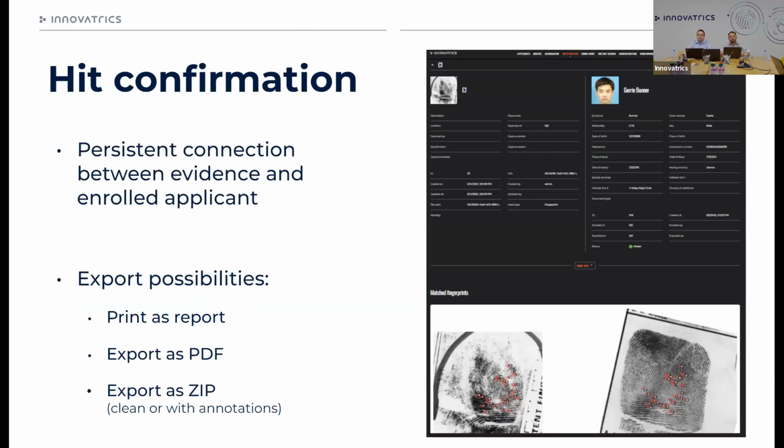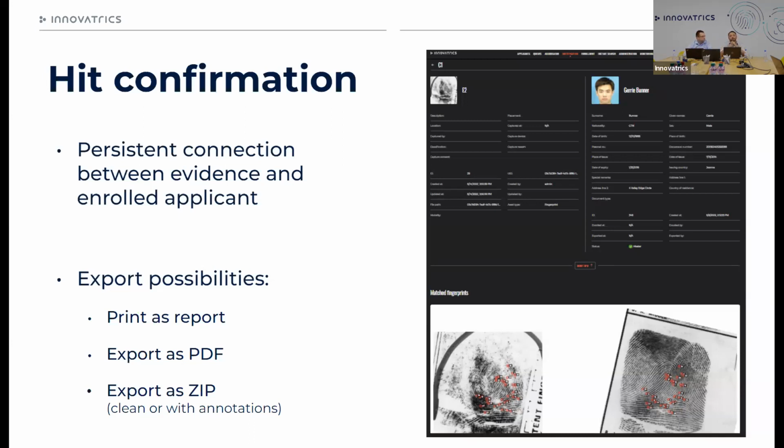Once the criminal specialist is sure that there is a match between the evidence and one of the suggested candidates, it is possible to mark that match as a hit. This hit will create a persistent relation between these two entities, and as a result of the match, a report will be created, which will contain all the data related to this evidence and the enrolled applicant.